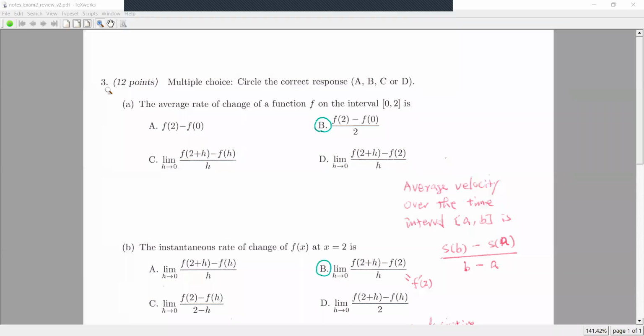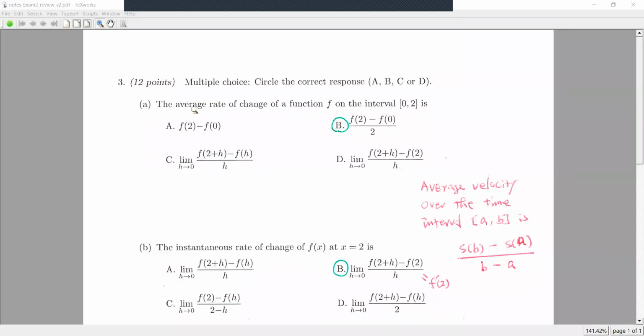Problem number 3. This problem is also from exam number 1, spring 19, and also belongs to section 3.1. Multiple choice. Circle the correct response.